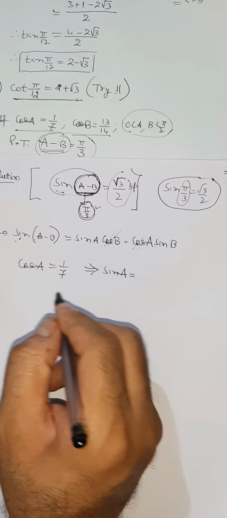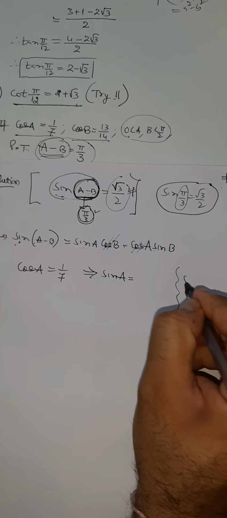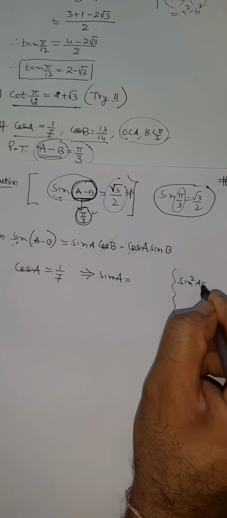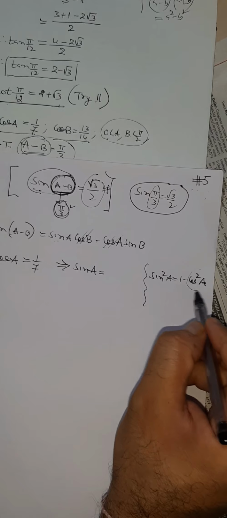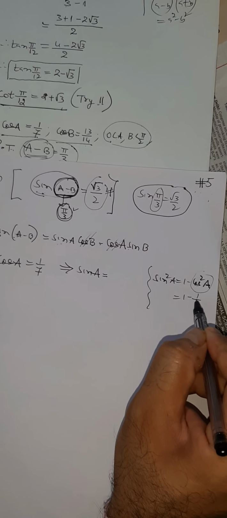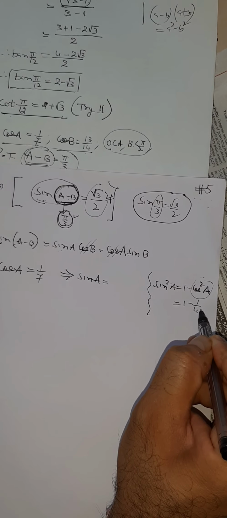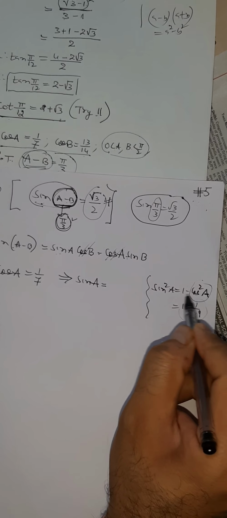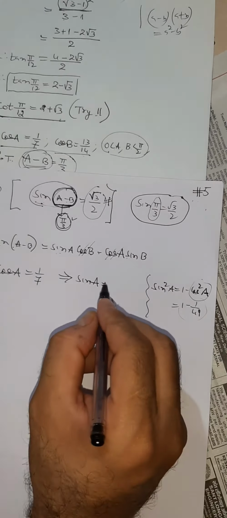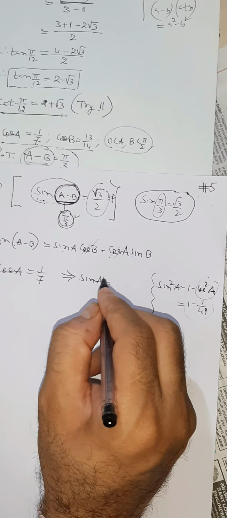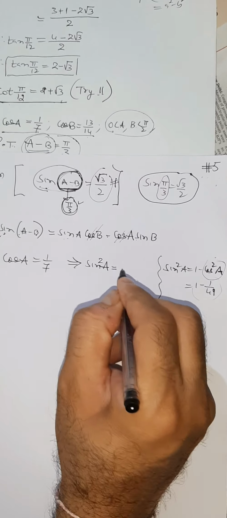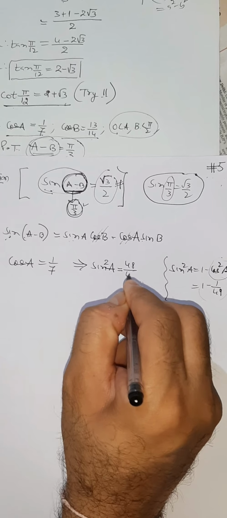You can use this identity: sine square A equals 1 minus cos square A. So this will be just 1 minus 1 by 49, which is 48 by 49.